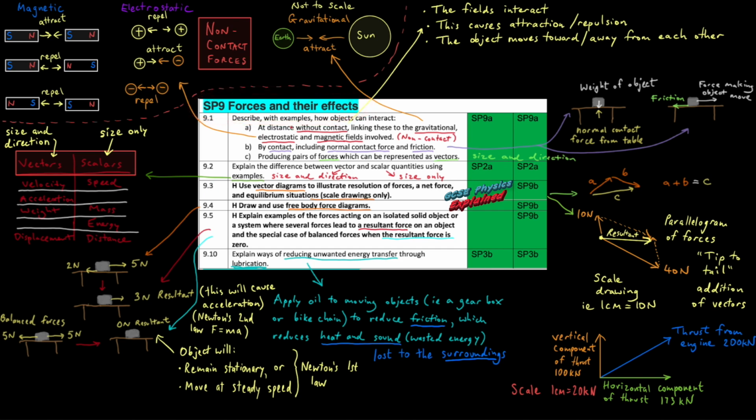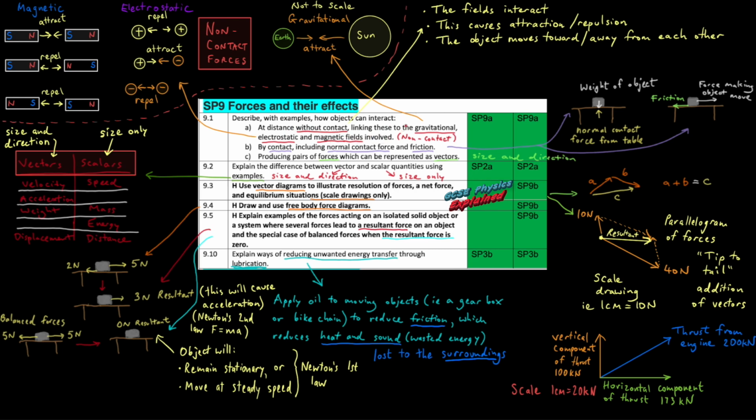SP9, forces and their effects. 9.1. Describe with examples how objects can interact at distance without contact, linking these to the gravitational, electrostatic and magnetic fields involved.